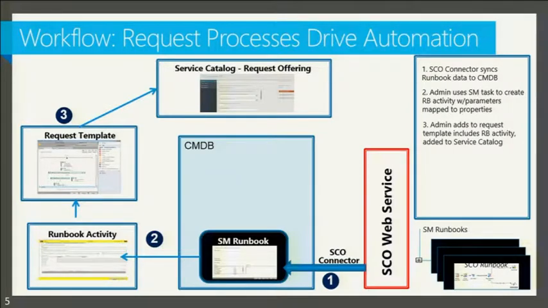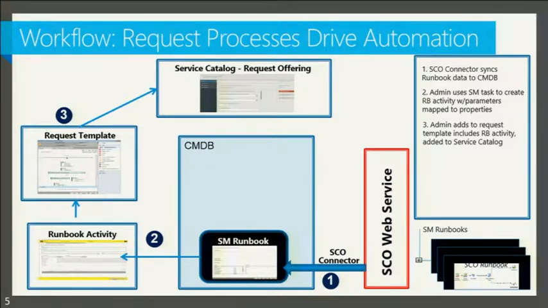When we have that template for a service request, we can create our request offering. Request offerings are the way to define something that should be requestable on the self-service portal.